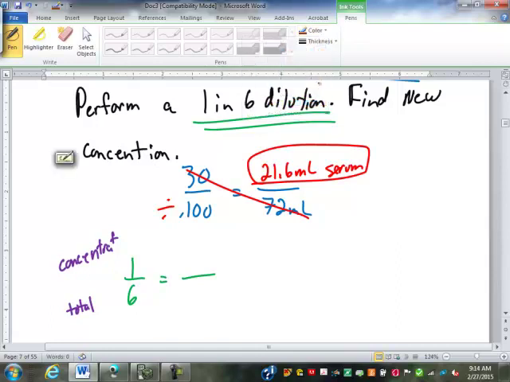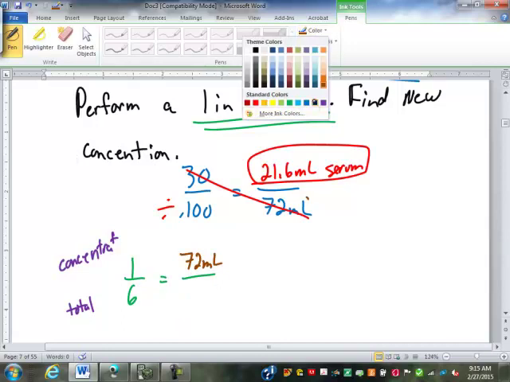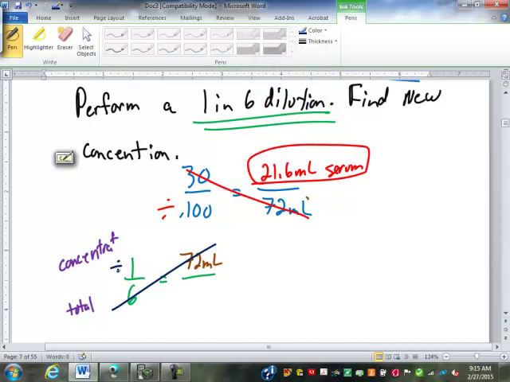So the concentrate is going to be that 30% solution. And we had 72 milliliters of that. So after the dilution, we are going to have a total, 6 times 72 divided by 1 is going to be, what, 432 milliliters, I believe. So we now have a total of 432 milliliters of solution.